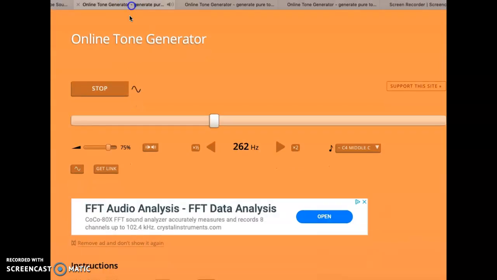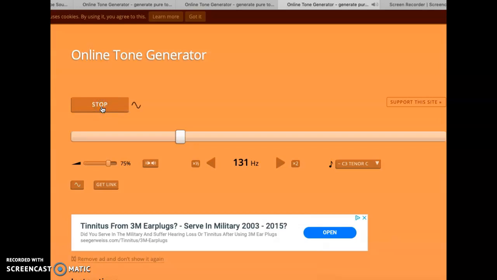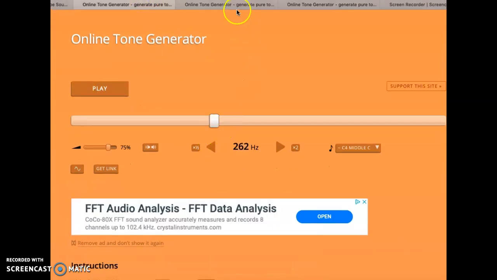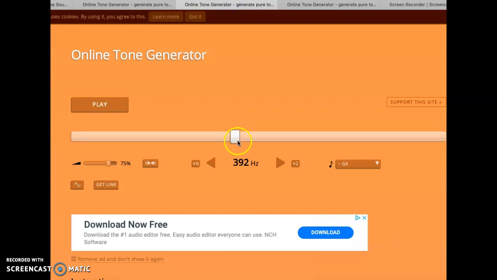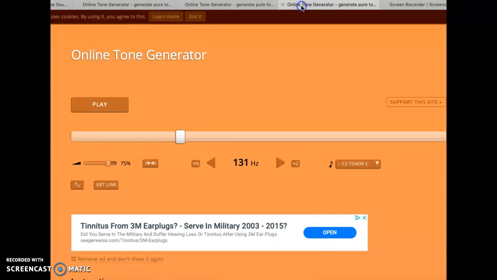The note you're hearing is this note, right? Isn't that the low note you're hearing? That's 131. Why? Because 392 minus 262 gives you 131. That's the beat frequency, but it's also another note.